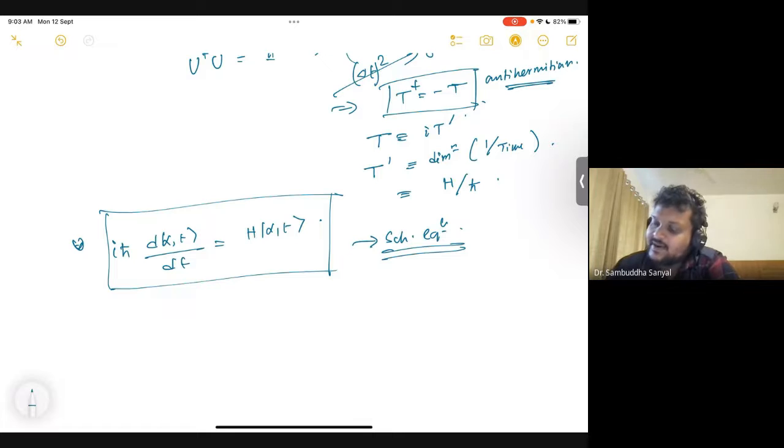Different context means not using this kind of bracket, but rather using the wave function.